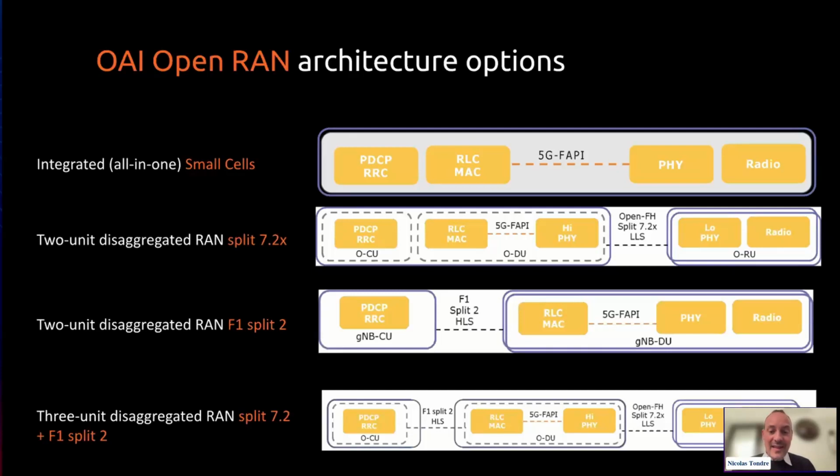And finally, you could also have a 3-unit disaggregated RAN where you have both split 2 and split 7.2. You have CU in one box. When I say box, I mean a PC, a rack, or a virtual RAN, virtual CU, the DU in another box, and the RU in another box.